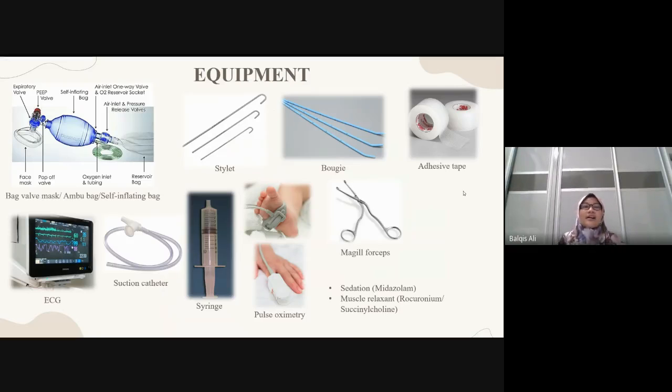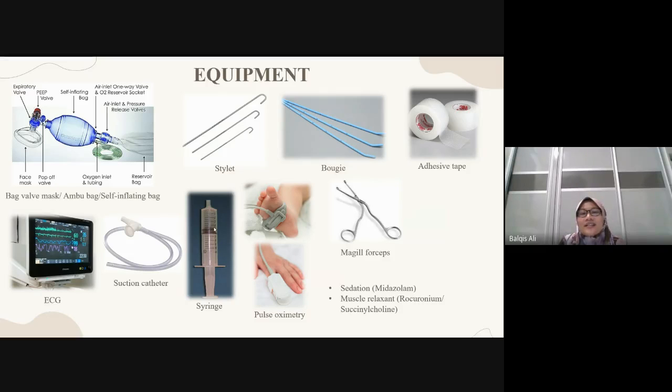Okay. Then other equipment is ambu bag or bag valve mask to provide oxygenation and ventilation. For stylet or bougie for the guide to the tracheal tube, and this stylet or bougie may bend to fit the curvature of the airway, and then adhesive tape to anchor to maintain the position of the ETT, and then ECG monitoring, suction to suck the secretion or any foreign object.